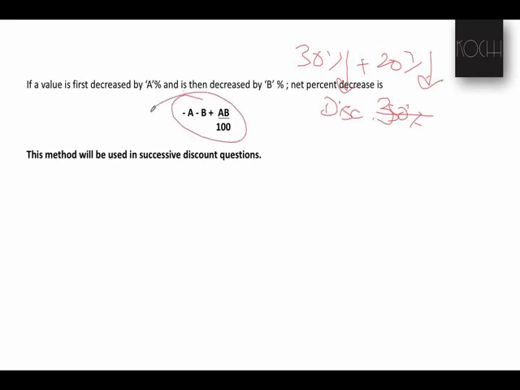If you use this formula, then it will be minus 30 minus 20, which is minus 50, plus 30 into 20 is 600 by 100, which gives us 6. So our answer is minus 44. Now minus means there is a decrease in the overall value by 44%.